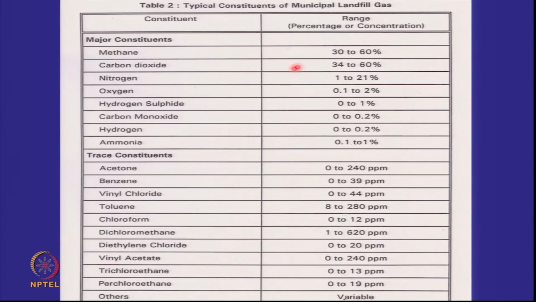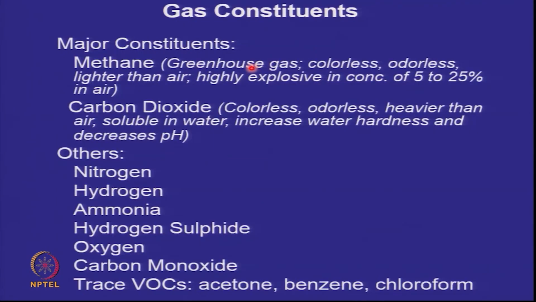We are interested in methane for two reasons. It's a greenhouse gas, so we don't want to allow it to escape to the atmosphere, and it is highly explosive. Occasionally it will accumulate in basements of nearby houses and boom. If you look through literature, there are a few tens of incidents of explosion.